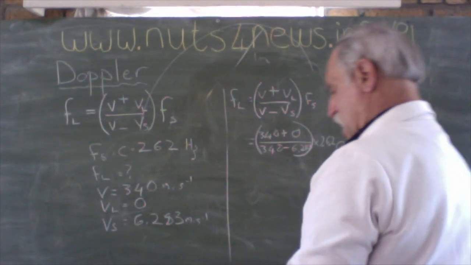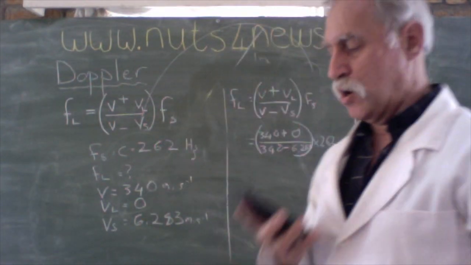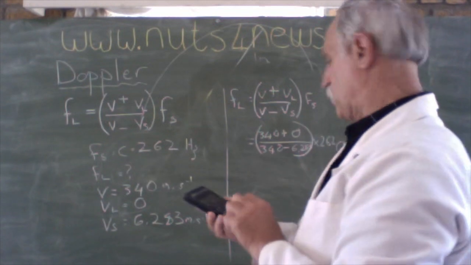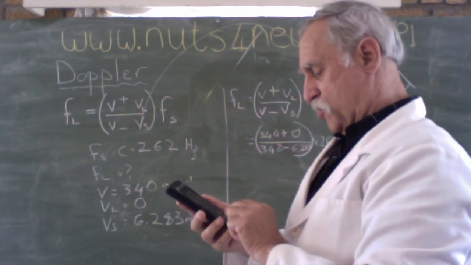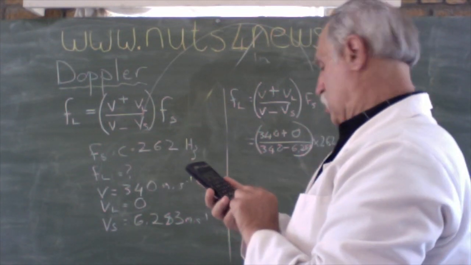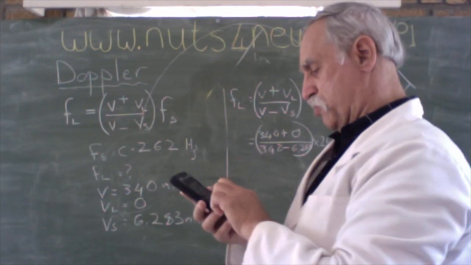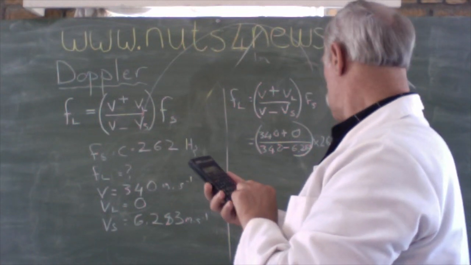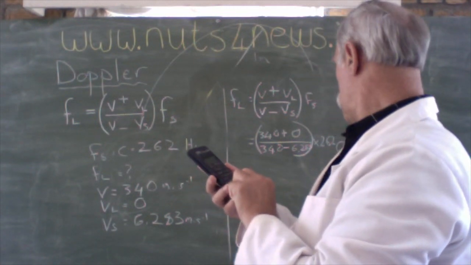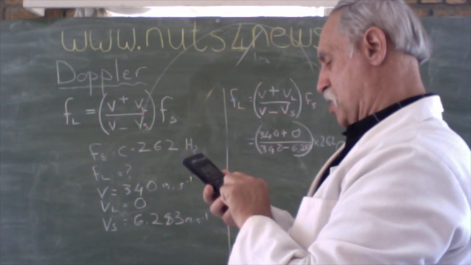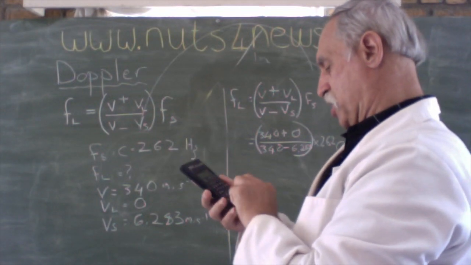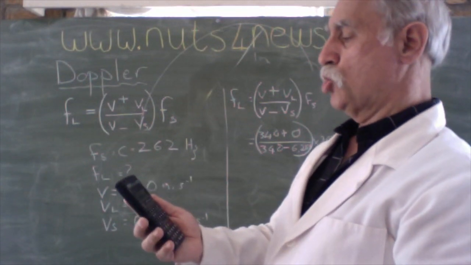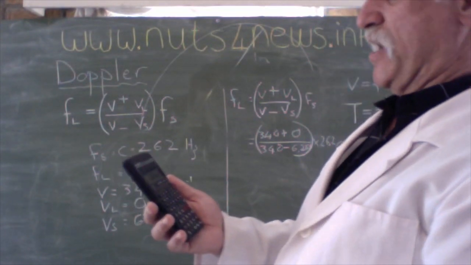Now we know that that is going to come to a little bit more than 1. So let's see how much this fraction comes to. 340 divided by, open brackets, 340 minus 6.283, close brackets, and that gives us 1,0188.